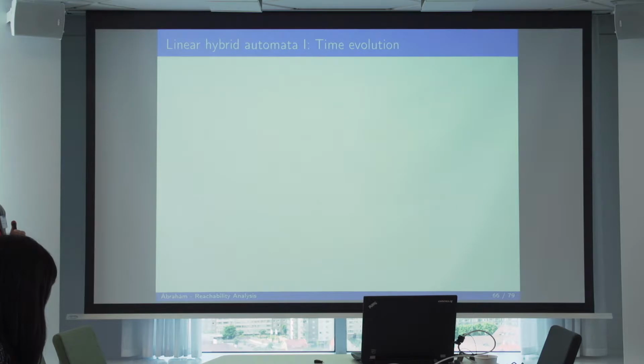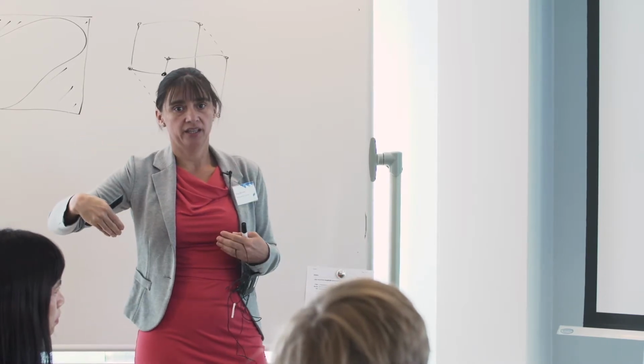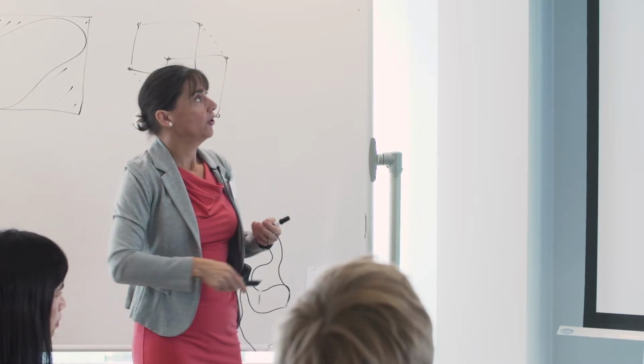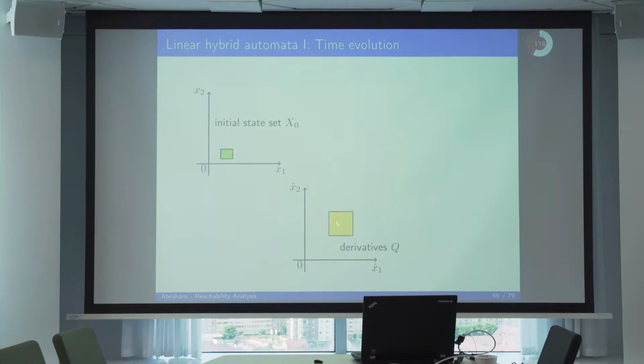Let us look at the first case. If I have an initial set, first I need to compute what is reachable by time. Then I get a flow pipe, as we call it, and I need to check which jumps I can take from that set. Let us first look at what happens if time evolves. The derivatives are given. Assume we have two variables, x1 and x2.